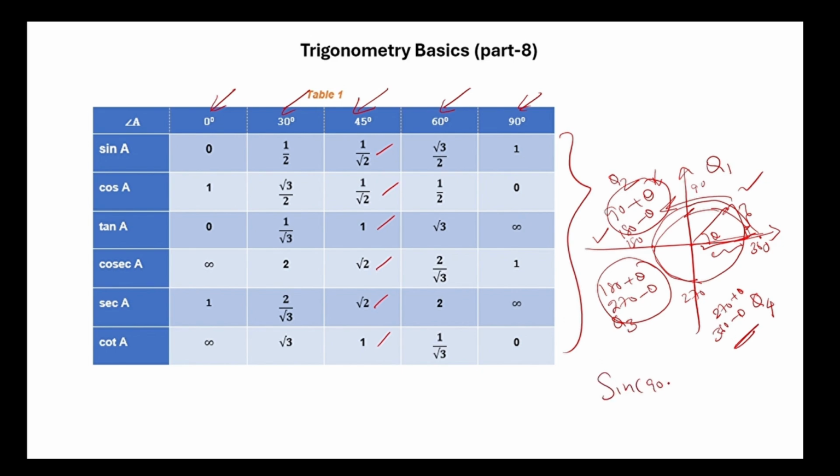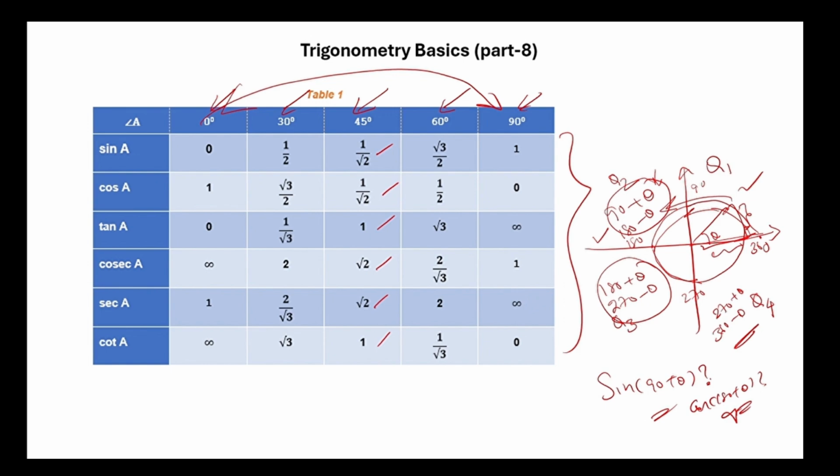How can I reduce the expressions of sine 90 plus theta, or what is the value of cos 180 plus theta, etc.? Instead of remembering things, I need certain formulas or basic concepts to evaluate all these expressions, right?